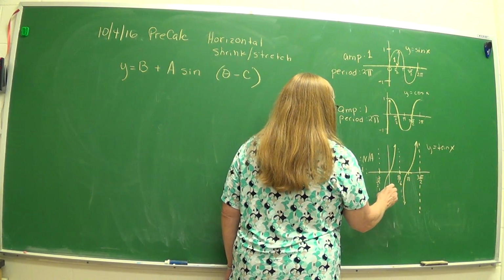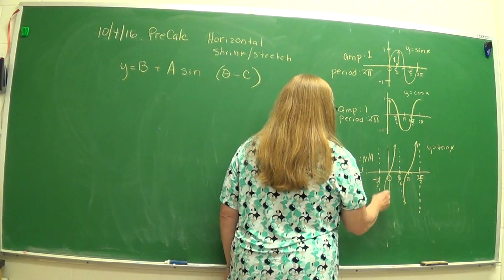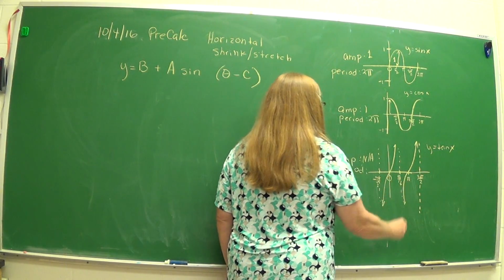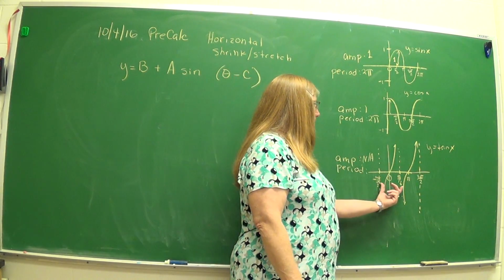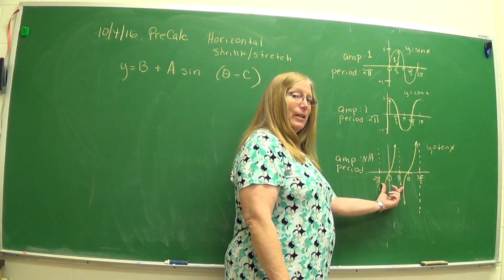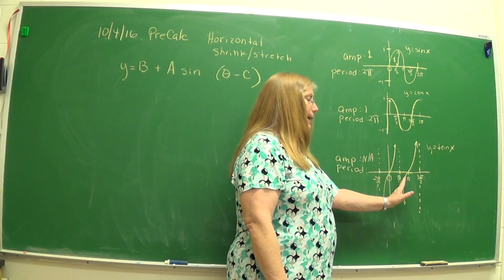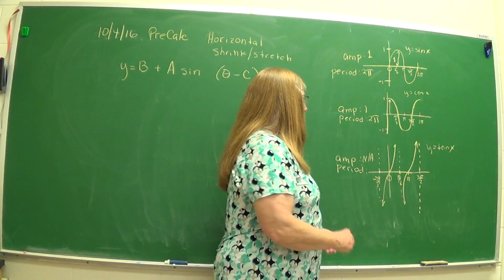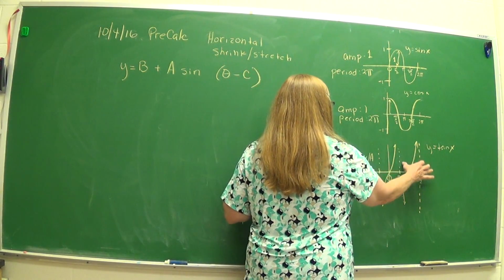So this is 0, negative pi over 2 to positive pi over 2. So how many radians between asymptotes? Negative pi over 2 to positive pi over 2. Or perhaps you can see it clearly over in these two.